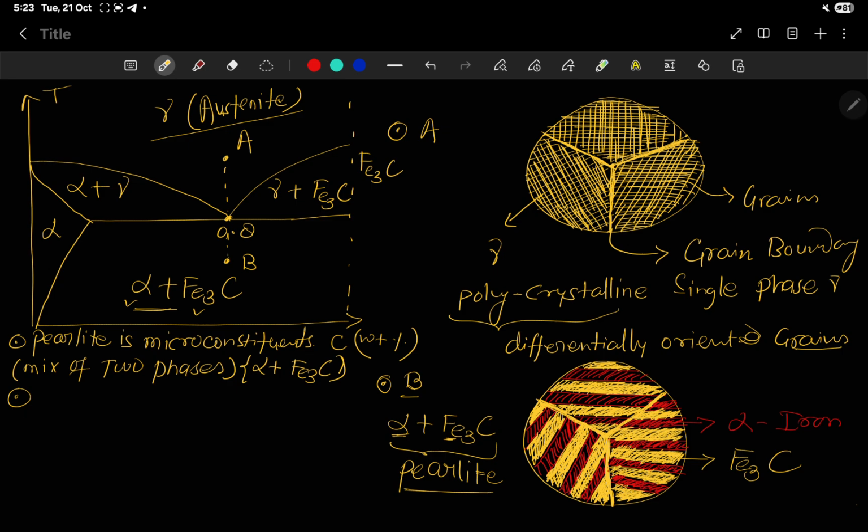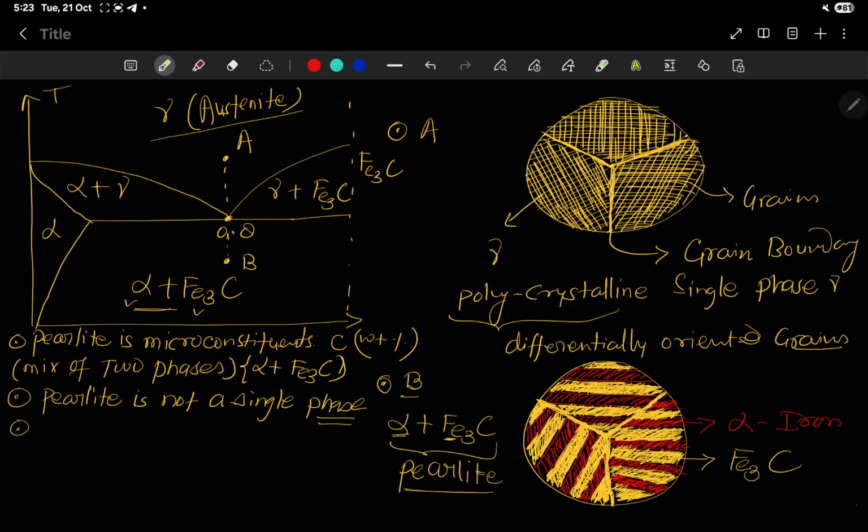Another point: pearlite is not a single phase, right?